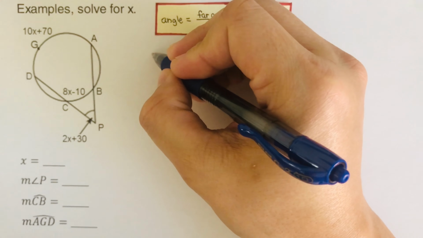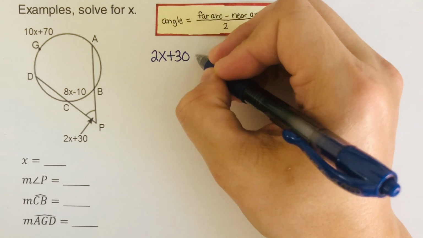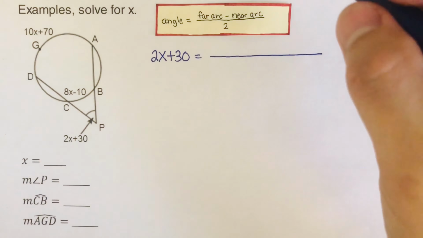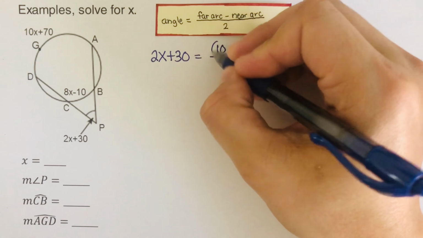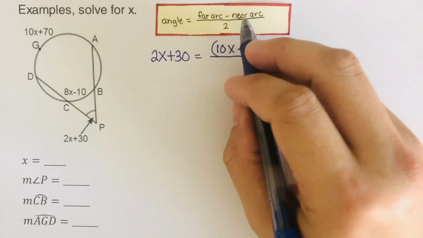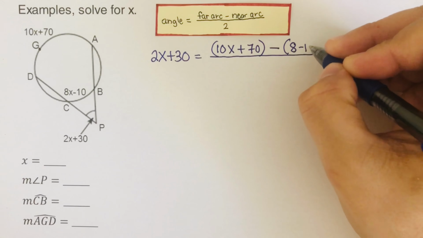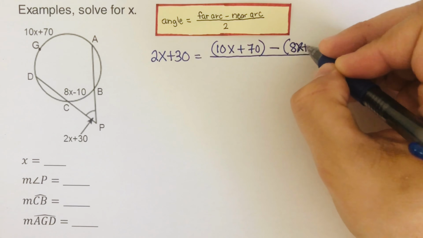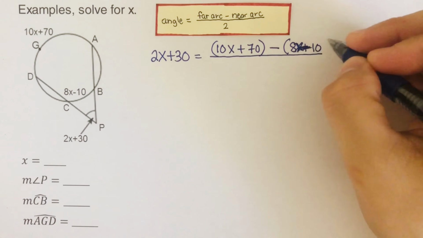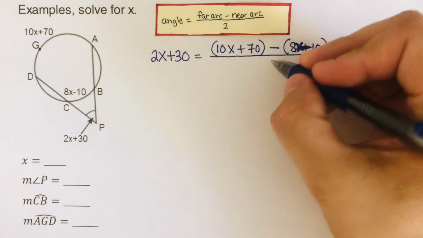So we start with the angle that is 2x plus 30. So I write 2x plus 30 equals, our far arc is 10x plus 70 minus our near arc, which is 8x minus 10. So that's a minus 8x minus 10, and that's divided by 2.